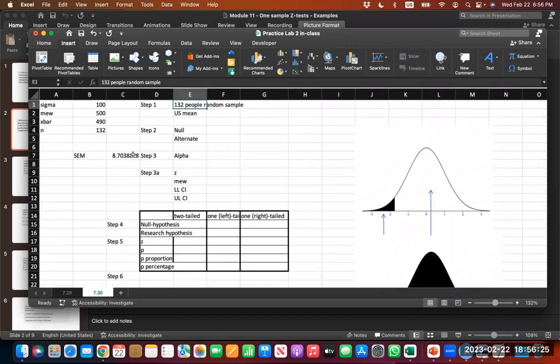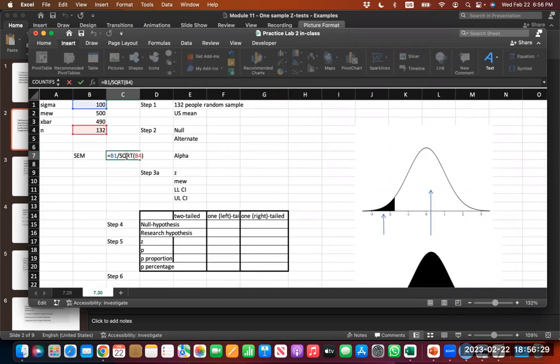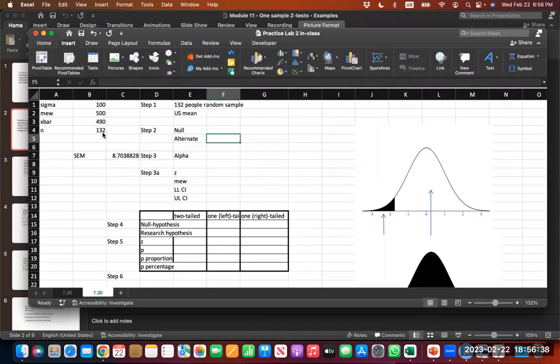So 132, we have a calculation here already of the standard error. So basically, standard error we know is the sigma divided by the square root of the sample size, here 8.7. The null hypothesis in a two-sided test is X bar equals mu. Alternative hypothesis, X bar is unequal to mu.